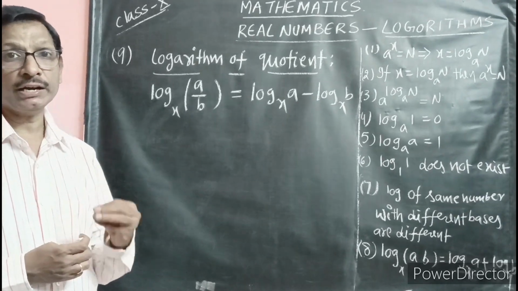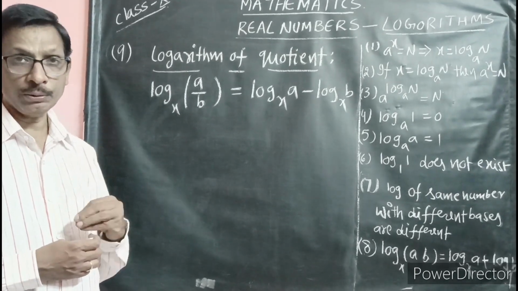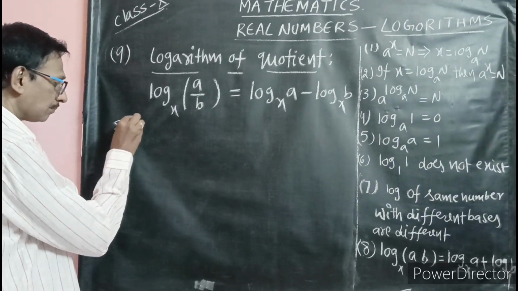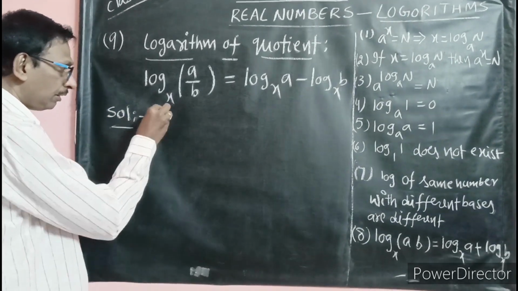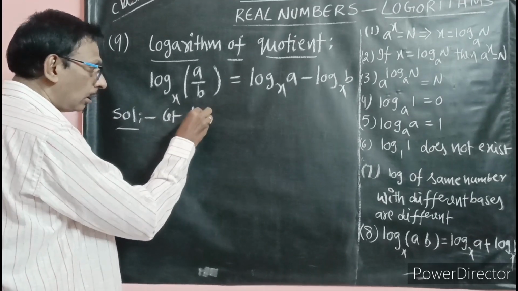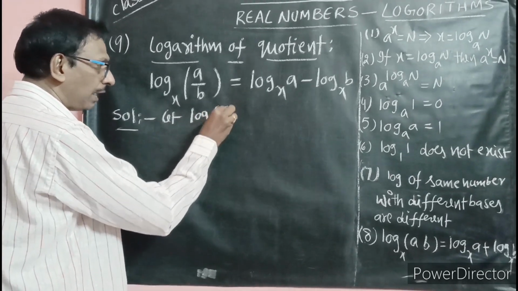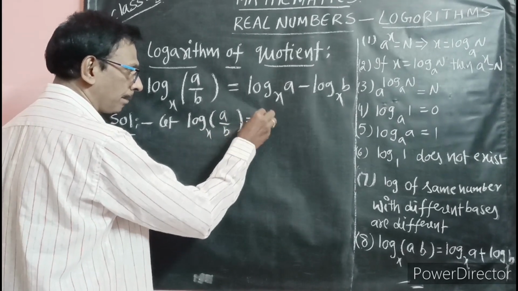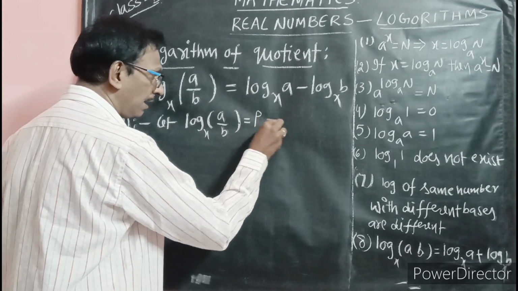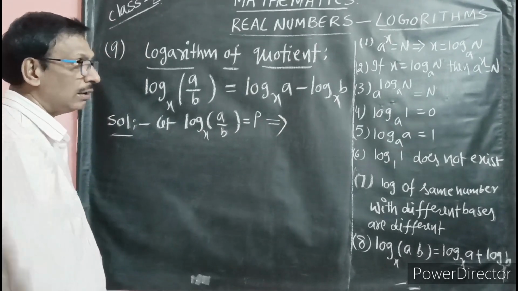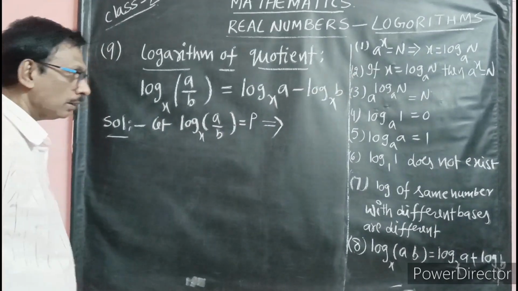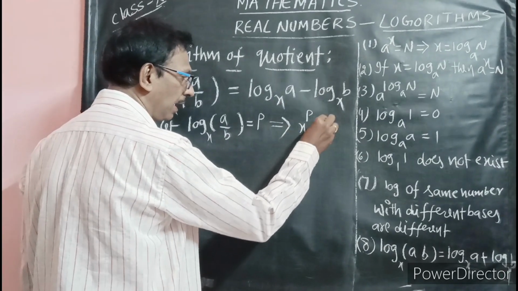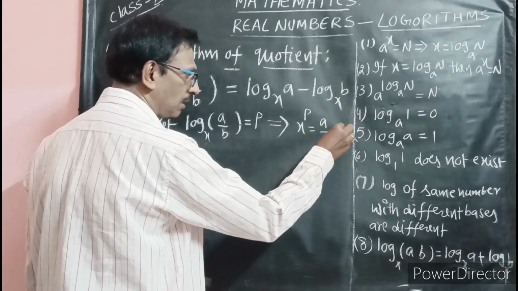That value we take as some P, some Q, some R. Now the solution. Let log A by B to the base x be equal to P, which implies, by applying the second rule, x to the power of P is equal to A by B. This is equation number 1.